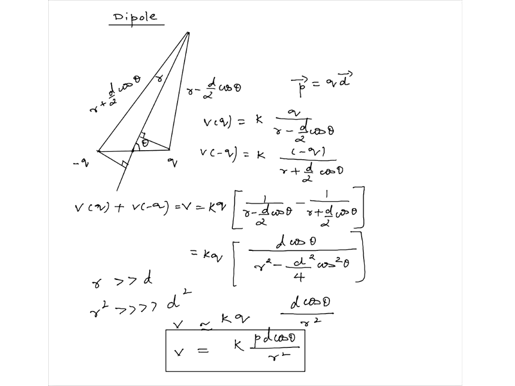Whether you have got 2 charges or 5 charges, you want potential at a point, you will just take one charge at a time, add all the potentials. So why are we doing it for large R? Because that's what happens most of the times. R is very large in comparison to D, normally.